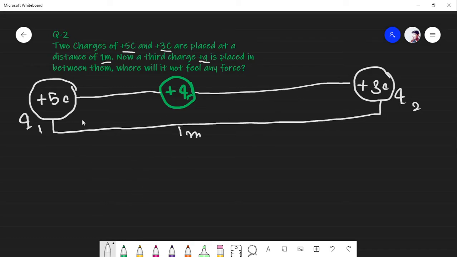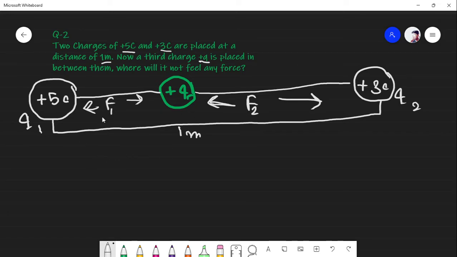So if we make sure that the charge does not feel any force, then the force between Q1 and Q and the force between Q2 and Q should be equal. So this is, let's say, F1 and this is F2. F1 should be equal to F2.